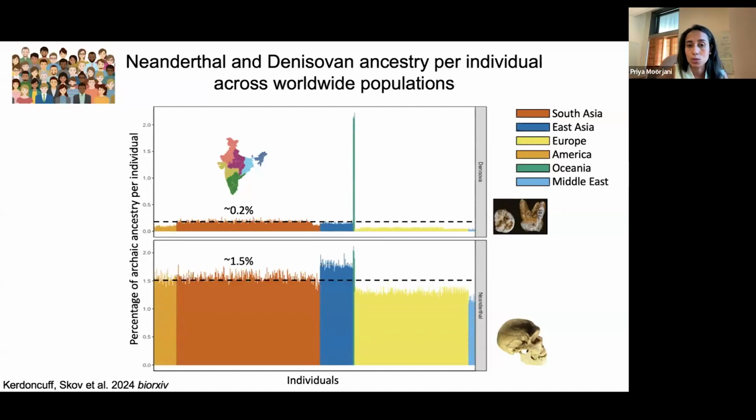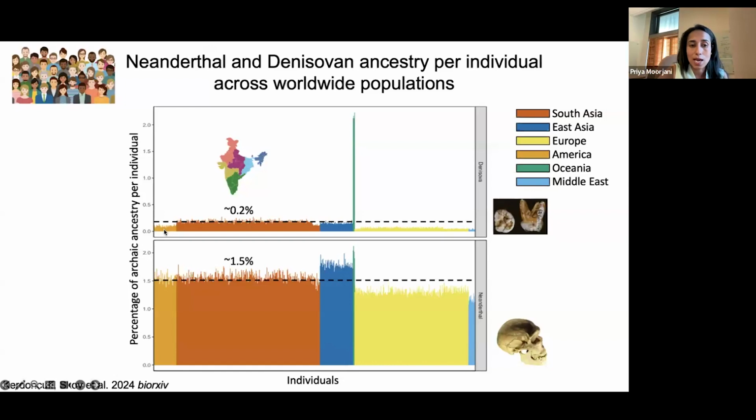But if you go and look at data from other people living in, say, East Asia, Europe, Middle East, or Oceania, you find that the picture is more interesting. People living in East Asia actually have about 20% higher Neanderthal ancestry. People living in Europe have a little bit less Neanderthal ancestry. The picture is even more interesting when you look at Denisovan ancestry, and in this case, people who live in Oceania, here shown in green, have lots of Denisovan ancestry, about 2.5% in this case.